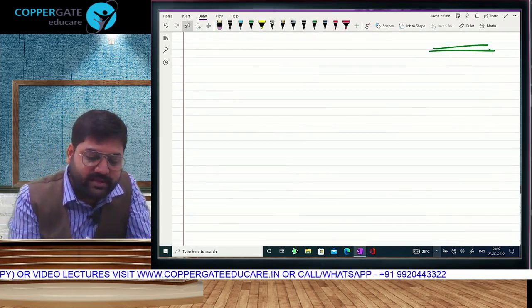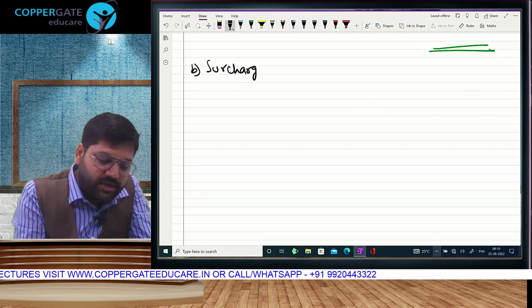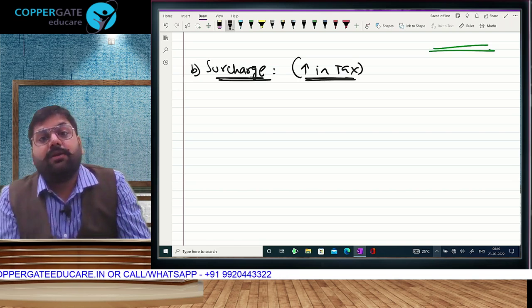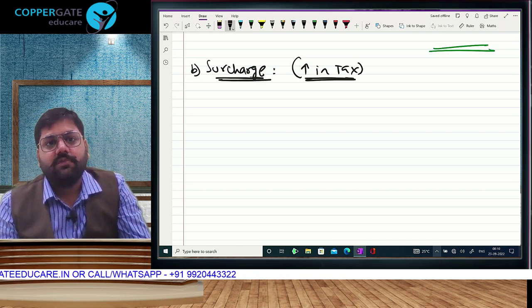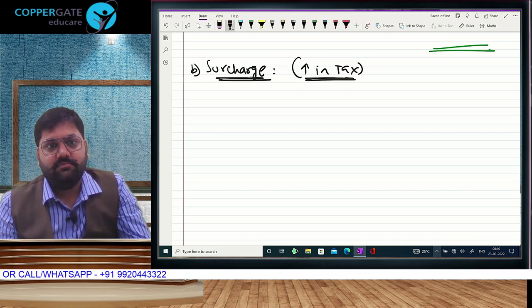Second concept in tax calculation, the concept of surcharge. This is going to be an increase in tax. While your rebate reduces your tax, your surcharge is going to increase your tax.